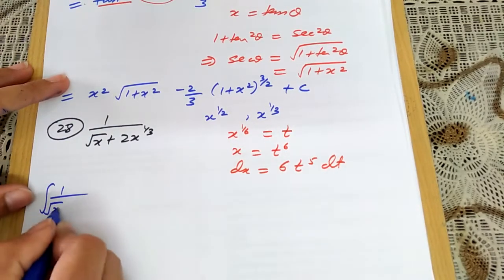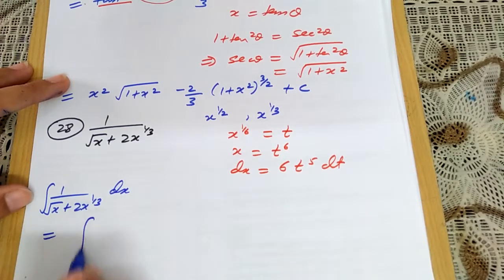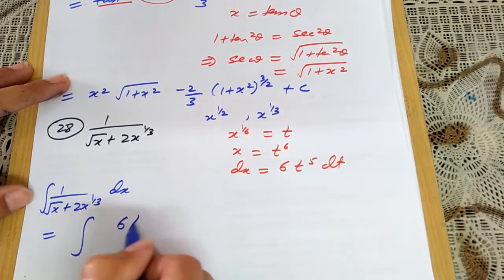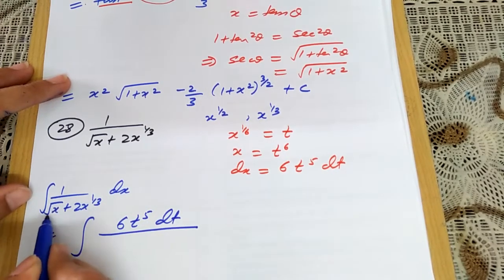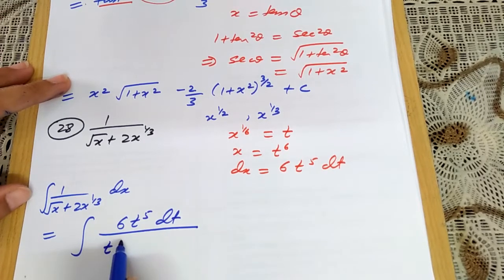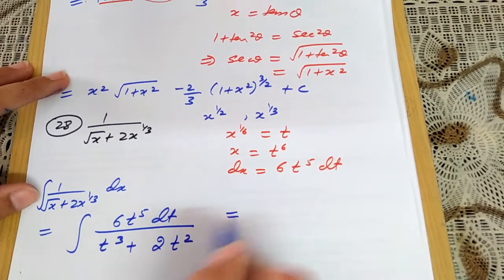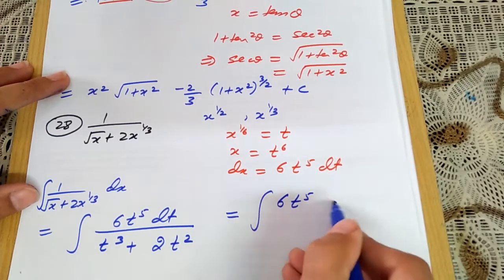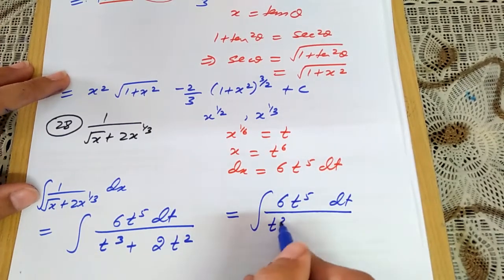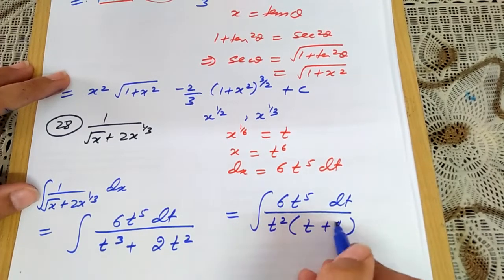Integral of 1 over the square root of x plus 2x raised to power 1 over 3 dx will be equal to the integral of dx, which is 6t^5 dt, divided by x raised to power 1 over 2, which will give us t cube, plus 2x raised to power 1 over 3, which will give us 2t square. Now I can take t square common out of it. I will get 6t^5 dt over t square common, I will get here t plus 2.